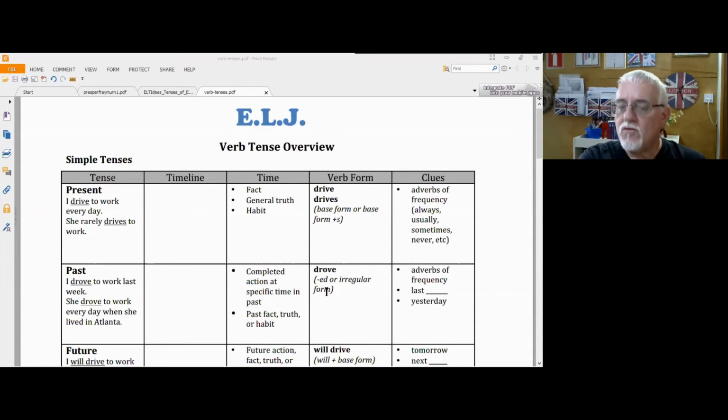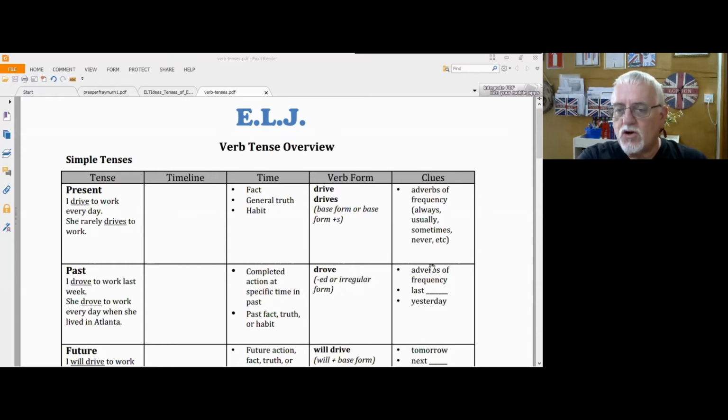Those are regular verbs, but irregular verbs can have a past tense that is different from the simple present tense, and indeed it can have a past participle that is different from the past and the simple present tense. We'll see that in a moment when we come to the perfect tenses, or the past participle tense, as some people like to call it.